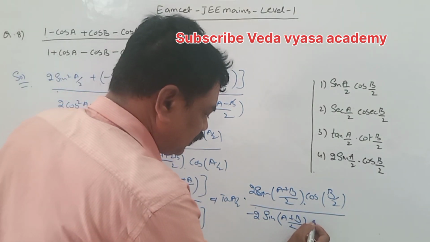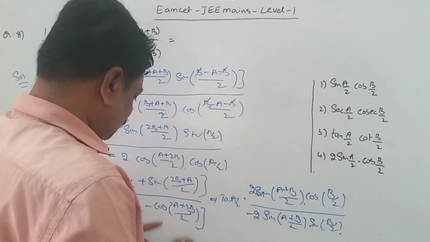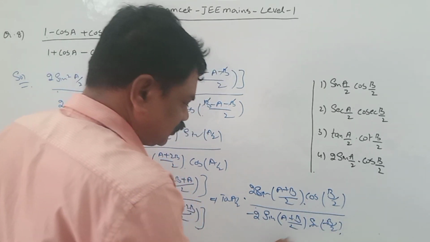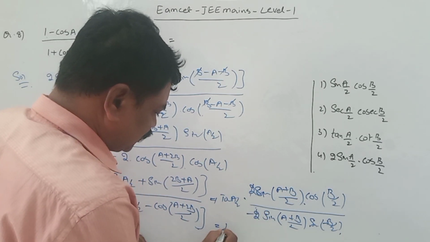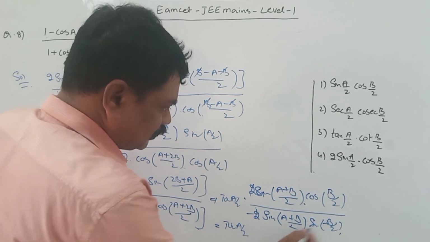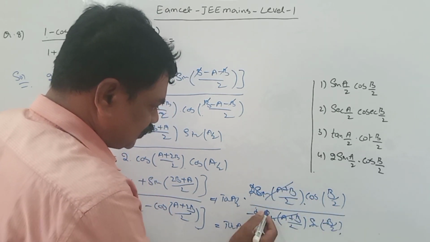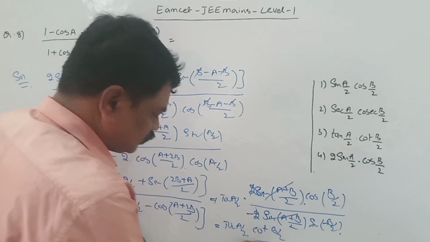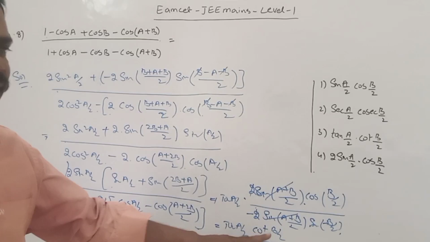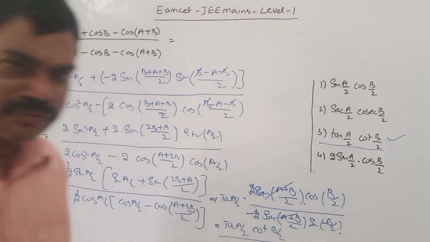So sin of b by 2 is there. The sign of minus b by 2 is there. So we have 2 cancel, and this is tan a by 2. This is sin b by 2, cos b by 2. This one cancel. Minus as minus plus. This is cot b by 2. So we have tan a by 2 into cot b by 2. So option 3 is the answer. Okay, all of you.